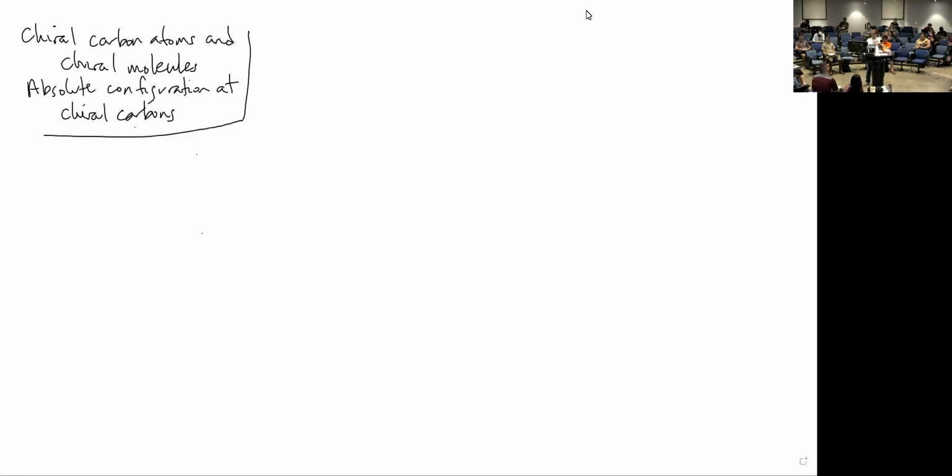I'll put this up in just a moment, but we're basically going to define enantiomers as two molecules that are stereoisomers, which we've already defined, and are also mirror images. Stereoisomers, you'll recall, is a term that applies to two or more molecules that have the same formula and the same connectivity.